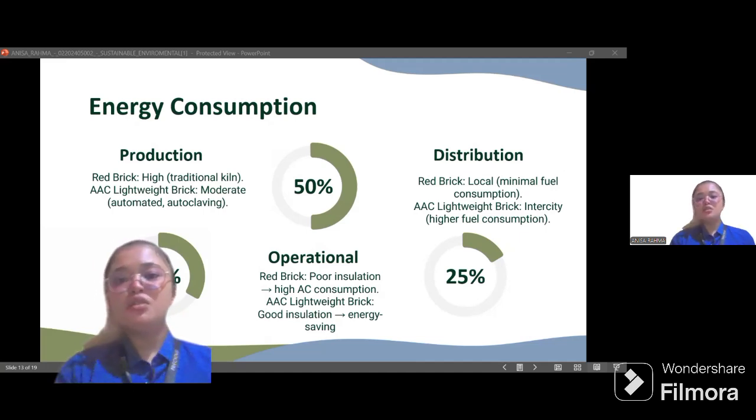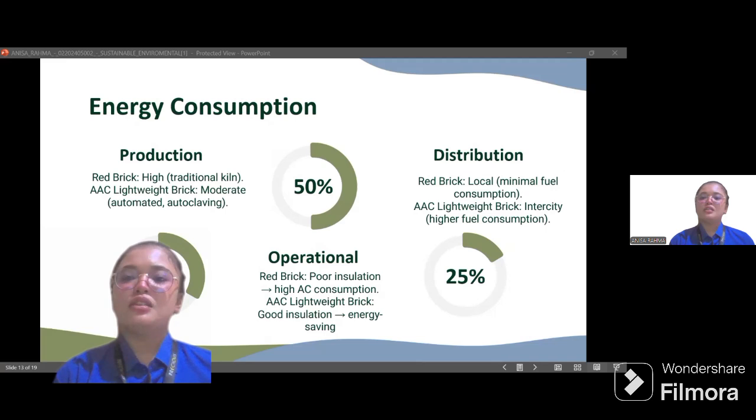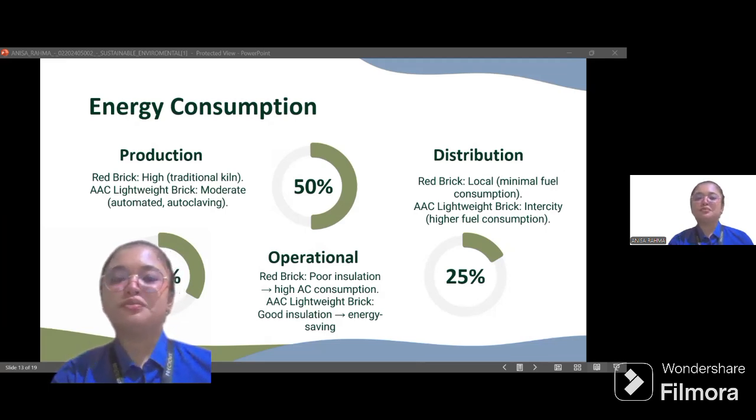The energy consumption during the production of AAC bricks is moderate compared to red bricks due to the more controlled autoclaving process, which uses less energy than brick firing. Therefore, while still energy intensive, the production of AAC bricks is more energy efficient than red bricks.